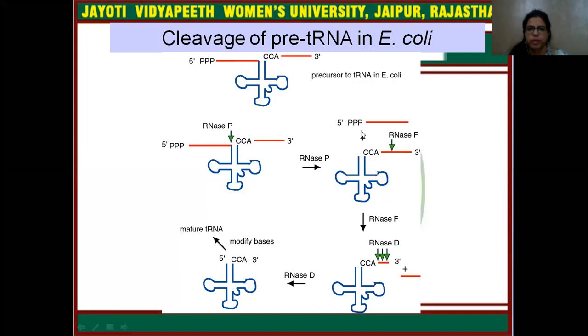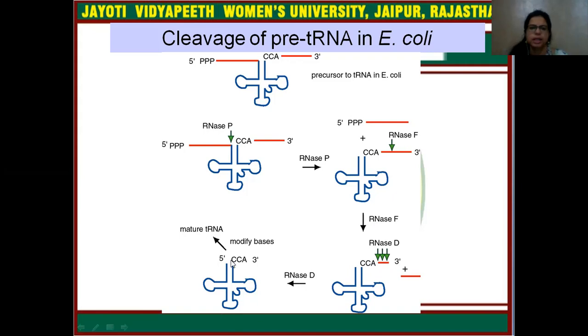This elongated phosphate region is removed, and RNase P is released. Now RNase F comes and also creates the modification, and then RNase D comes and this region is also removed. So this tRNA has a completely trimmed 5' end and a 3' end having CCA.